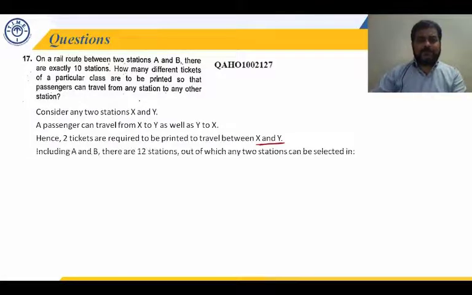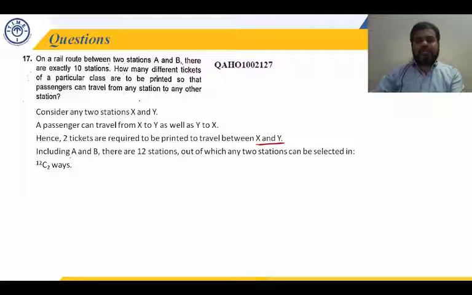Fine. Now including A and B, there are 12 stations. So in total there are 12 stations, out of which you can select any 2 stations. In how many ways? 12C2 ways, right? You can select any 2 stations out of 12. So the number of selections is 12C2, because a person can travel between any 2 stations out of these 12 stations, right?